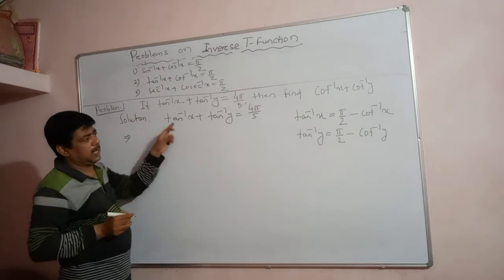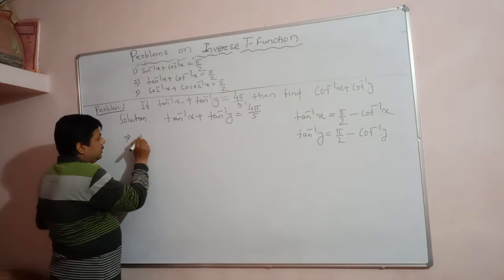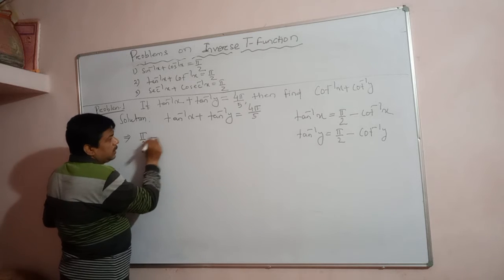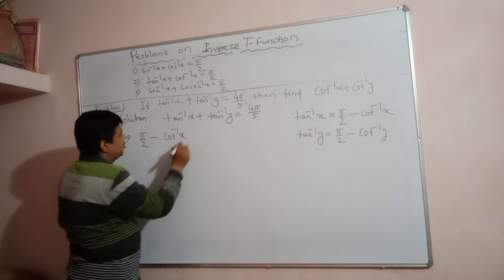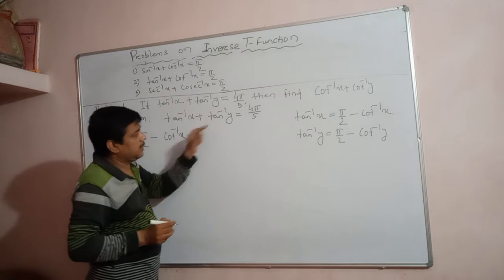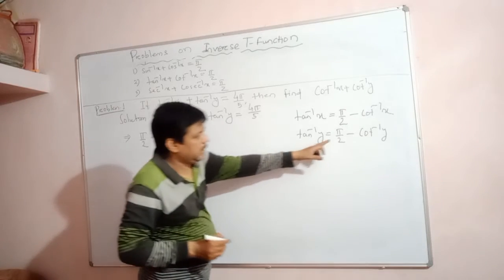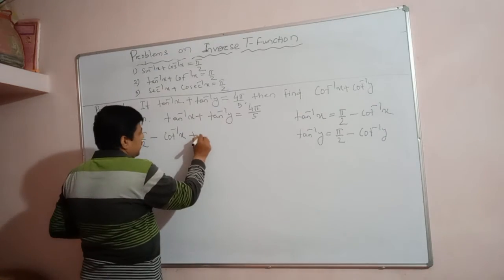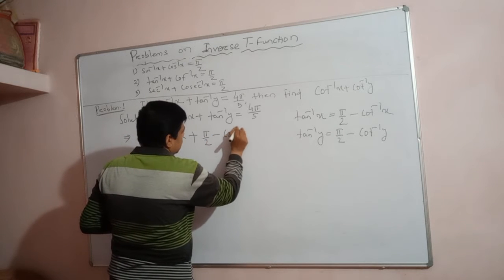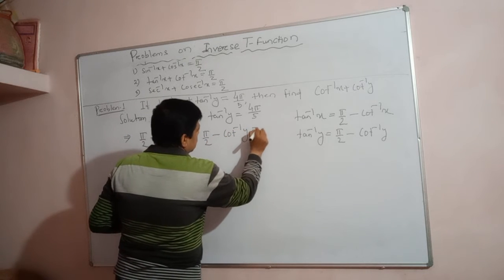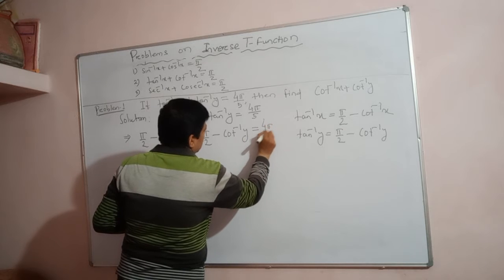Now in place of tan inverse of x, you write pi by 2 minus cot inverse of x, plus in place of tan inverse of y, you write pi by 2 minus cot inverse of y, is equal to 4 pi upon 5.